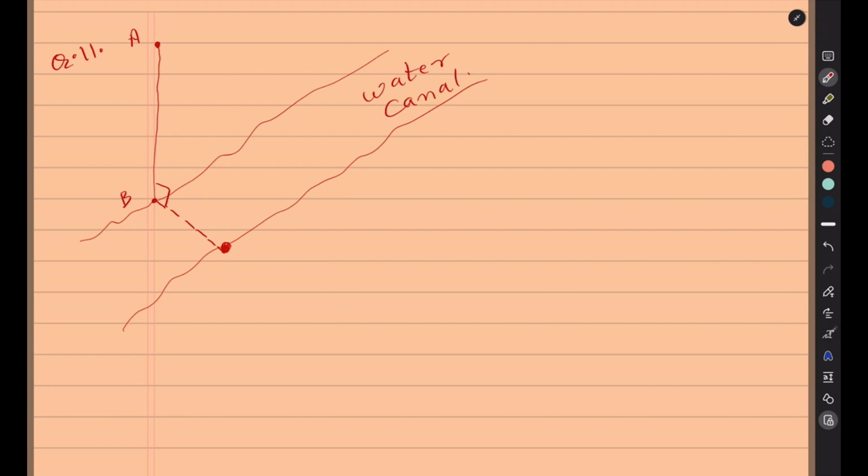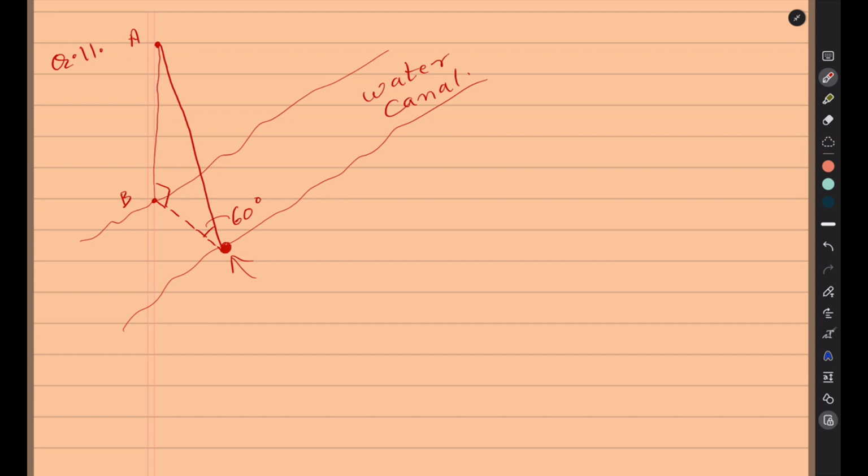So someone is observing from this point and they find that the angle of elevation is 60 degrees. From another point 20 meter away from this point, on the line joining this point to the foot of the tower.